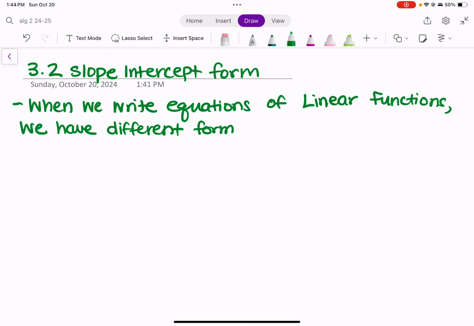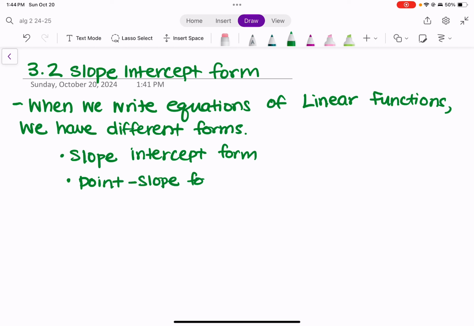So today we're going to be talking about one form. The first form that we're going to be talking about is slope-intercept form. The next lesson is going to be talking about point-slope form. And the extension lesson is going to be talking about standard form, okay?